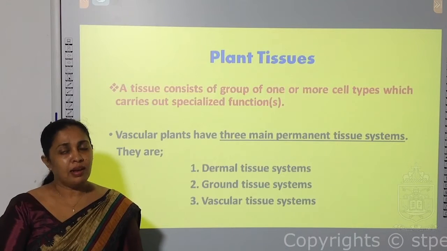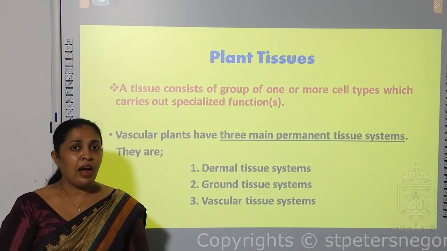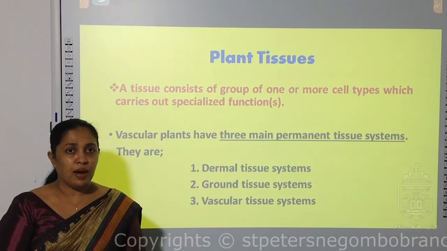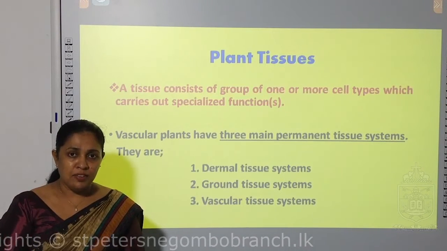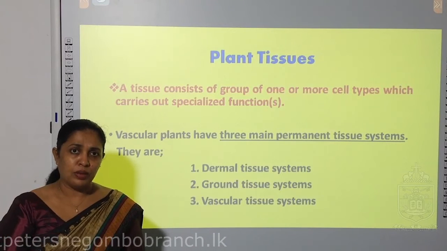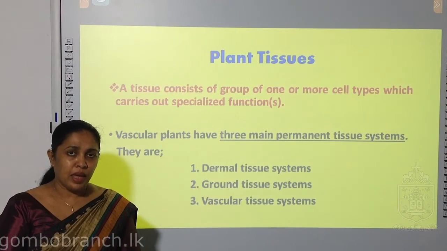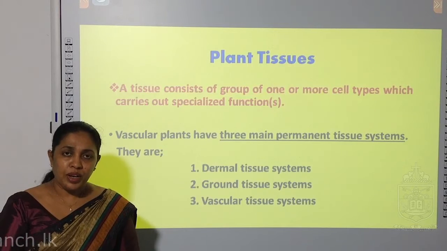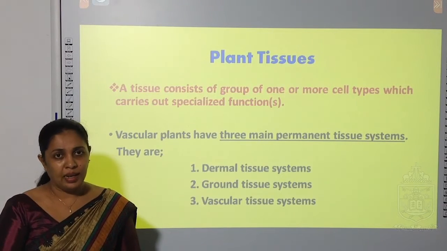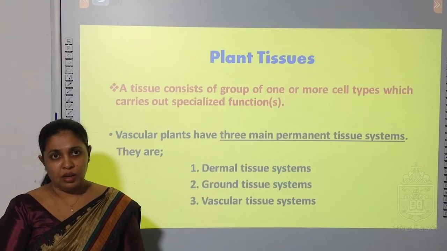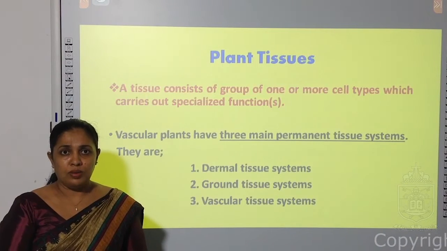In a plant body, like in the animal body, there are different types of functions occurring. For example, in the plant leaf, there are different tissues. One is epidermis. It is a protective layer, so it protects the inner parts of the plant leaf. So it is differentiated. We will consider those things later.